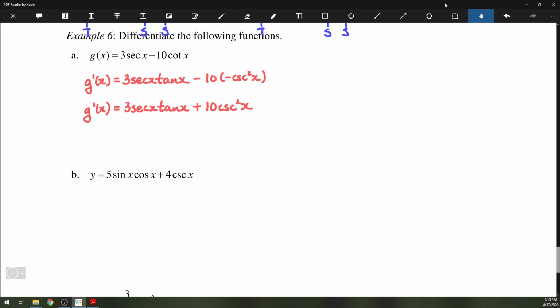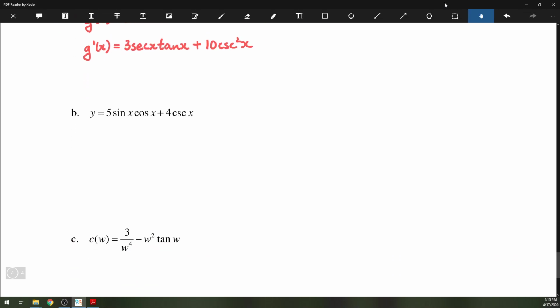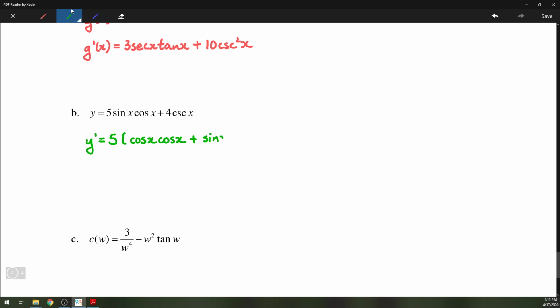Next up we have one where we have to use a product rule. So the product rule is going to take y prime here. So 5 we're going to leave it in front. So the product rule means that we take the derivative of the first part, which of course is cosine x, leave the cosine x as is, and then plus leave sine x as is, and then take the derivative of cosine x, which is negative sine x.